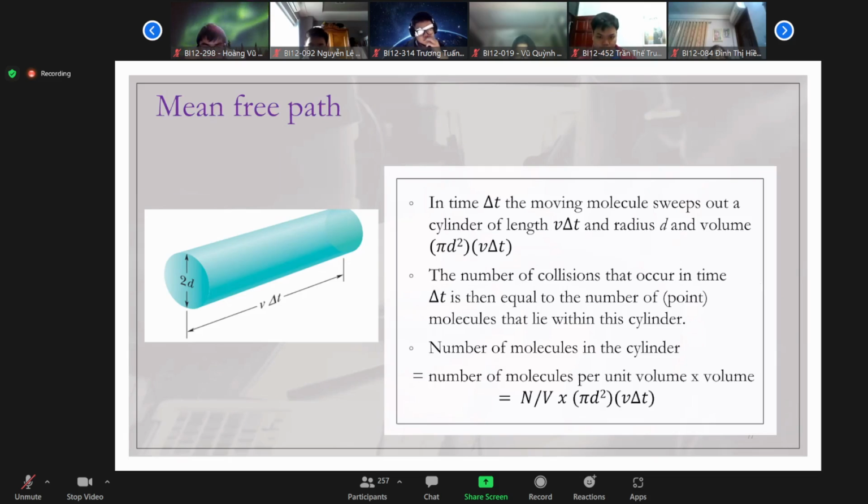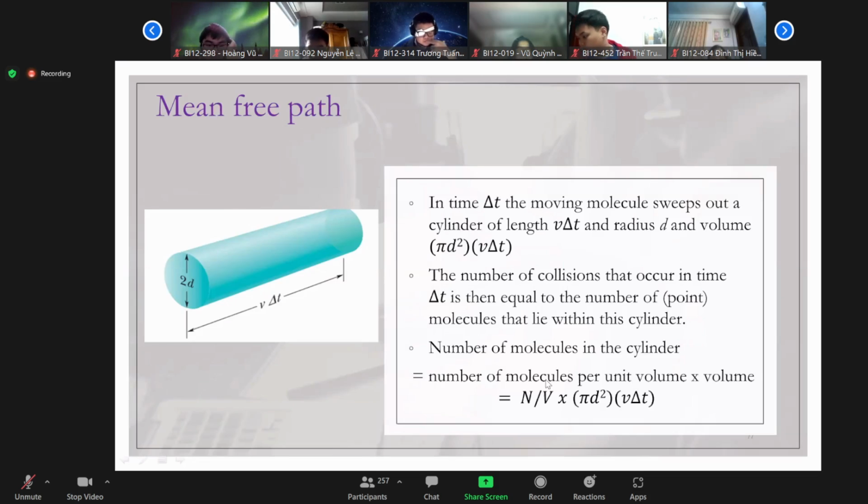The number of molecules in this cylinder is the number of molecules per unit volume, N over V, times the volume. Right? If we define it like this, it can never be wrong. The number of molecules per unit volume times the volume gives the number of molecules in the whole cylinder, right?